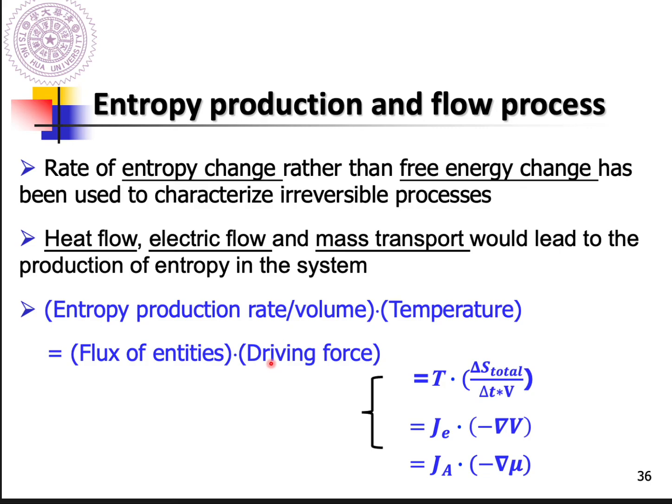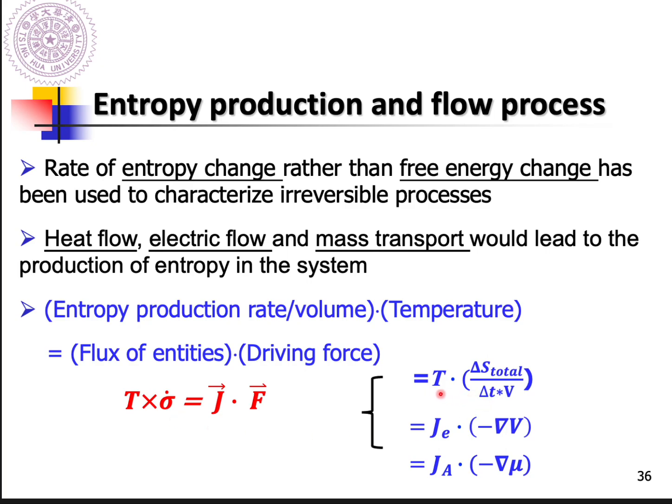So for different material systems, first of all, you can identify the flux and the driving force applied in the system, and also the working temperature. Then you can easily get the entropy production rate per volume.